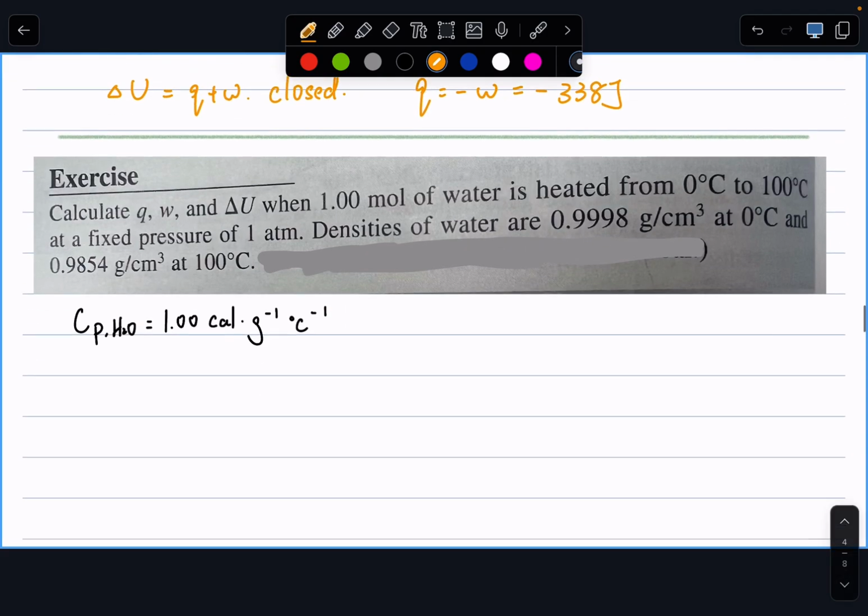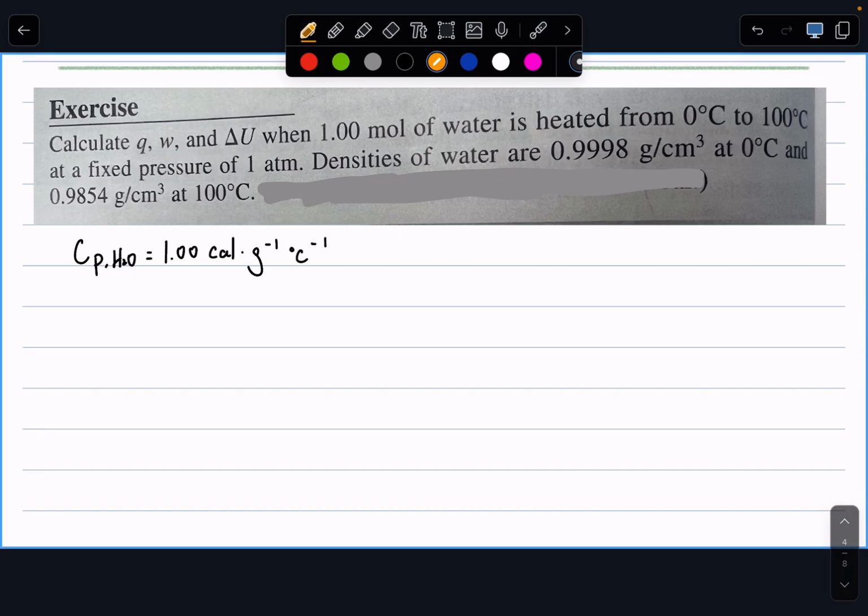All right. Next question, let's do this one together on the board. It's asking us to calculate heat, work, and delta U, the change in internal energy, when 1 mole of water is heated from 0 degrees Celsius to 100 degrees Celsius at a fixed pressure, 1 atm.